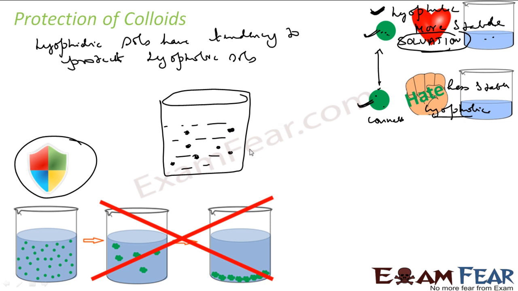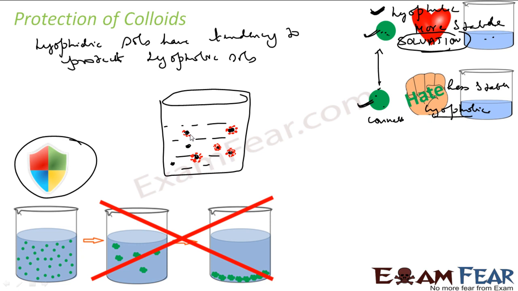Let's assume that the black ones hate the solvent. I covered this black with the red ones, and these red ones love the solvent, right? So typically, the black ones are all gone, they are embedded inside these red ones, correct? These particles are all covering the black ones.